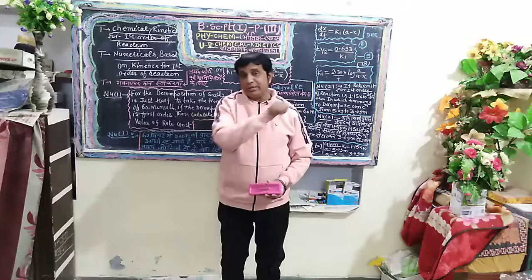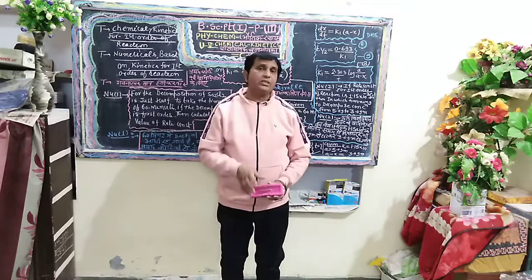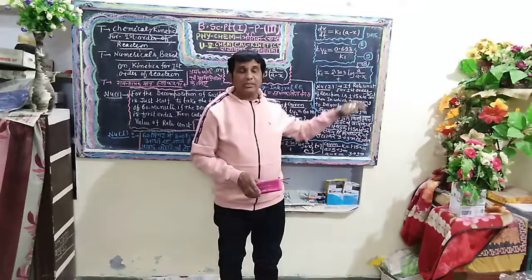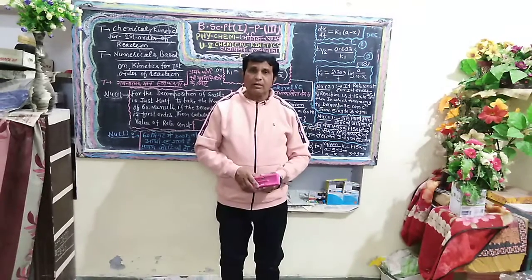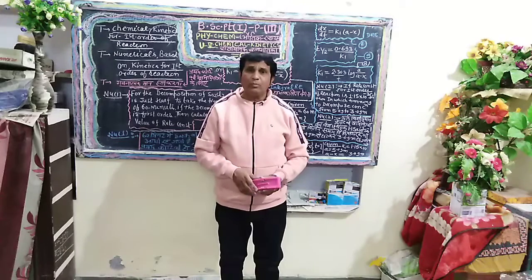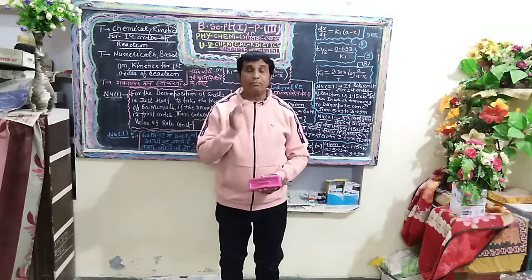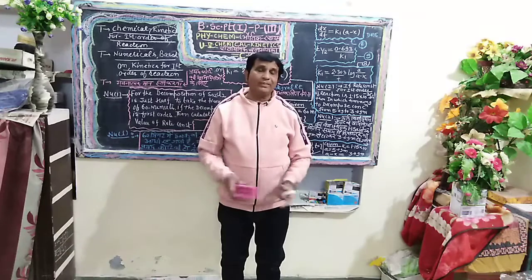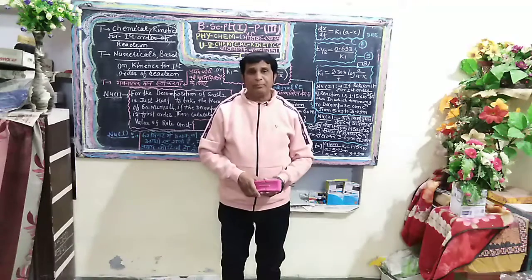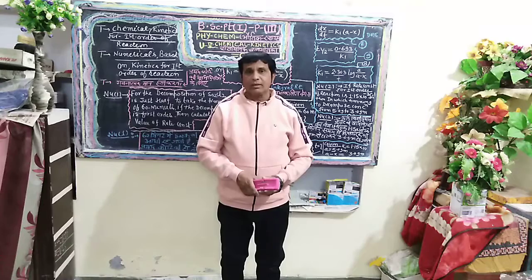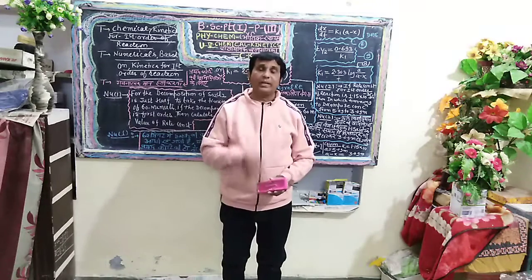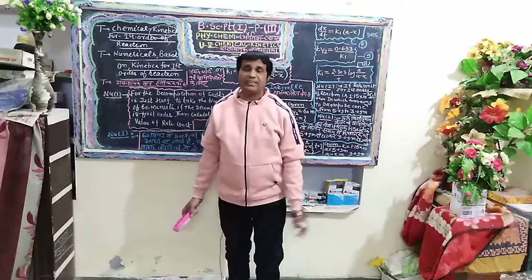Students of BSc Part 1, equation number 8 is an extremely important fundamental equation, with which one can analyze the progress, mechanism, and change of concentration with respect to time for any first order reaction.